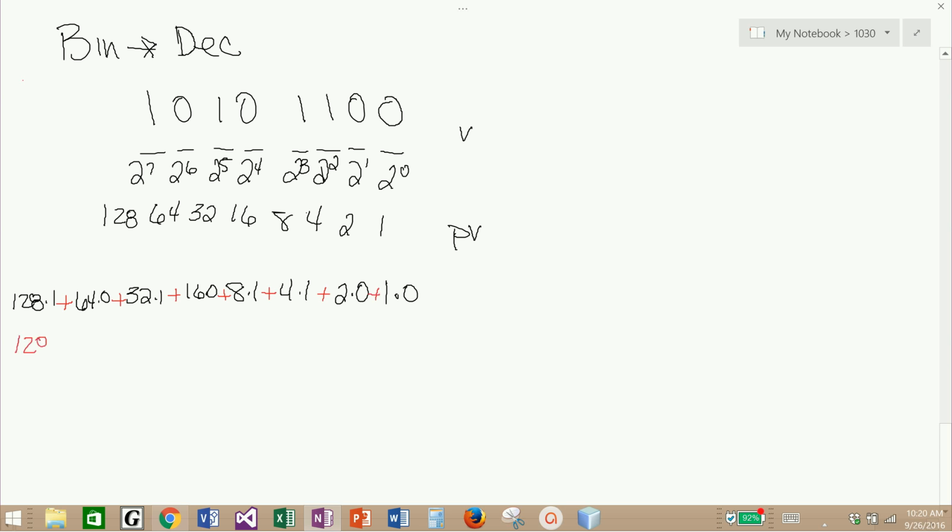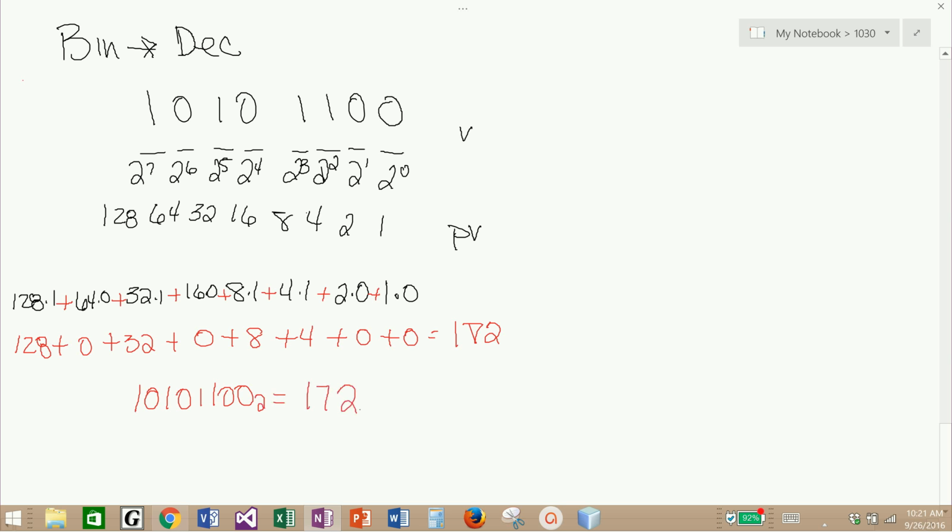So this should be 128 plus 0 plus 32 plus 0 plus 8 plus 4, and if I do my math right, this one should be 172. So the binary number 10101100 should be equivalent to a decimal 172.